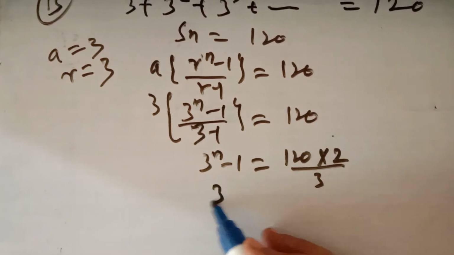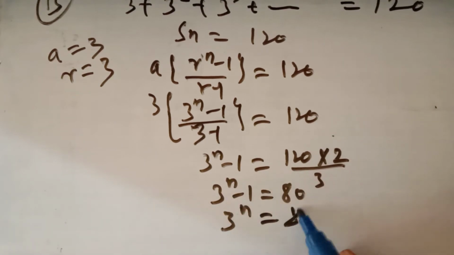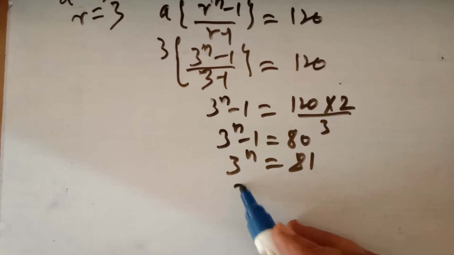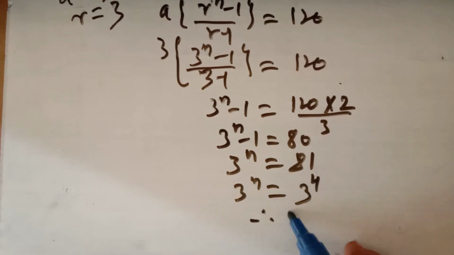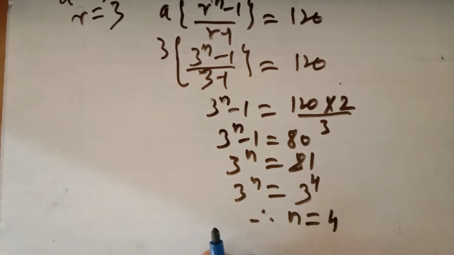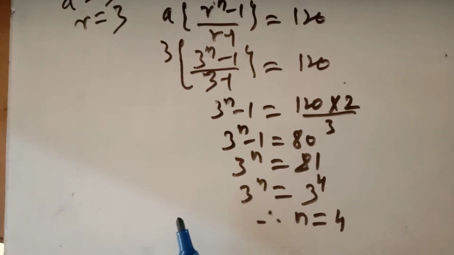So 80, it will be 3 raised to power n is equal to 81. Now when we make the bases the same, it is 3 raised to power 4. So it means the sum of 4 terms of this GP is equal to 120. So this is the question number 13.